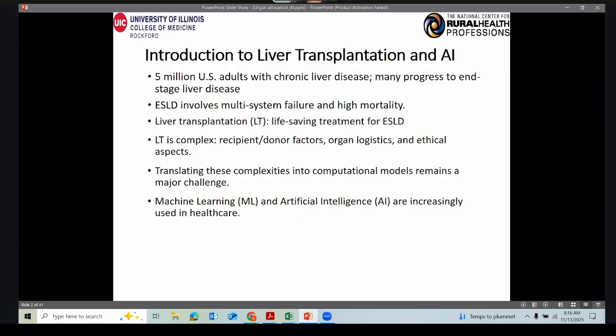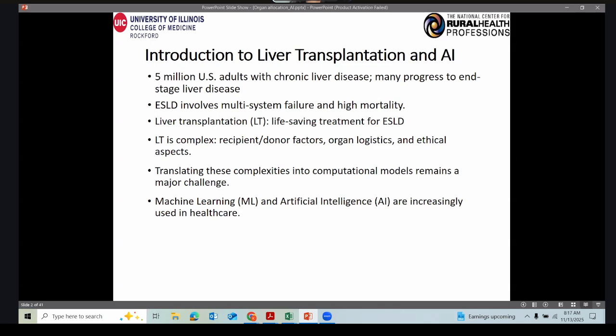All of these factors interact in complicated non-linear ways, which makes predicting outcomes very difficult using traditional methods. Even though we have decades of clinical and registry data, it is still challenging to turn the data into accurate, useful predictive models.